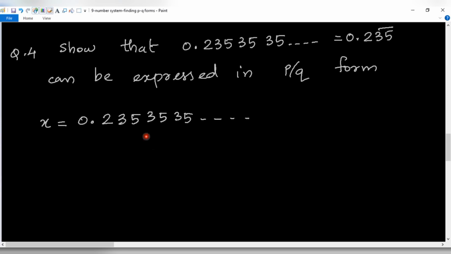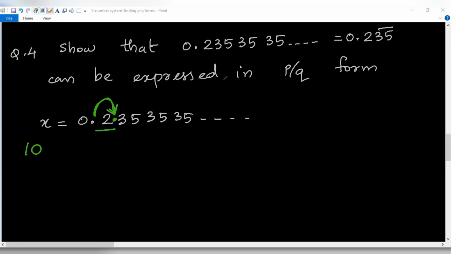See here also, the repetition happens only after the first digit, right? First digit means first digit after the decimal. So first we have to move this decimal to this place. That is, we have to move one place, which means we have to provide 1 zero. The number with which we have to multiply is 10.